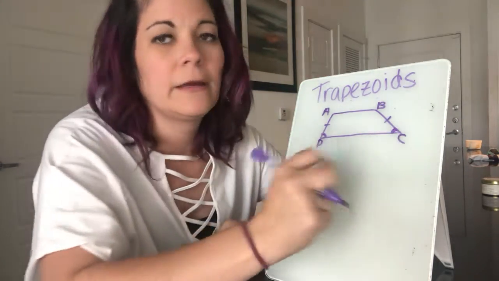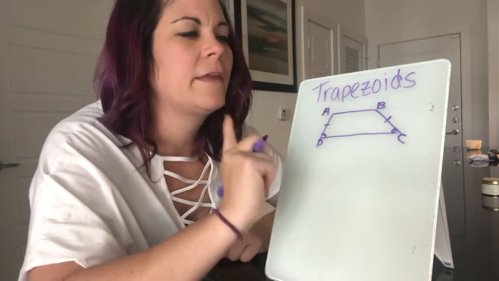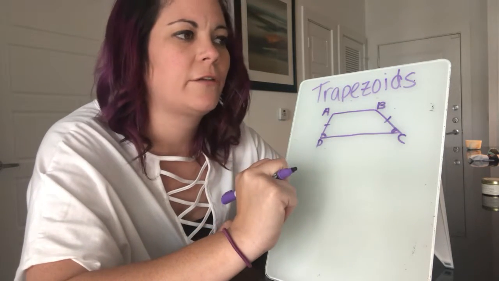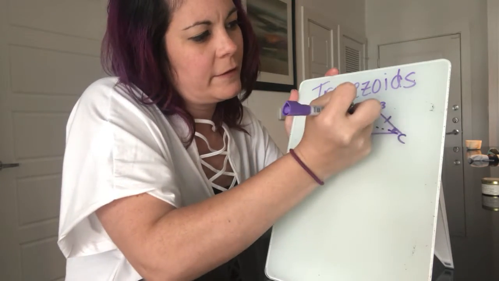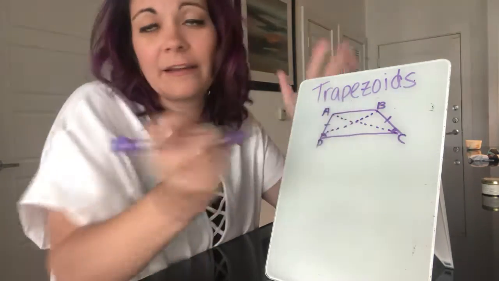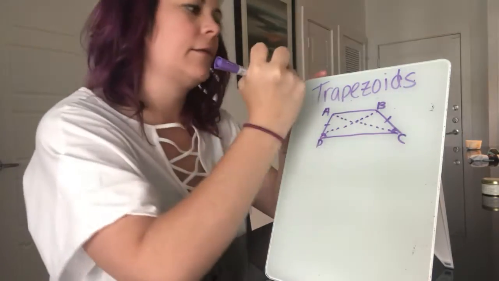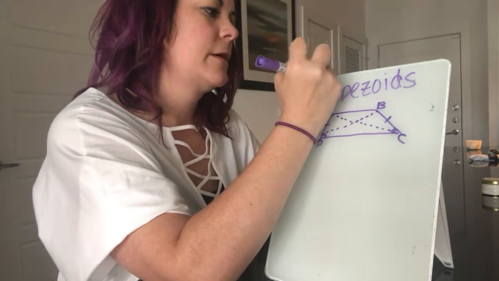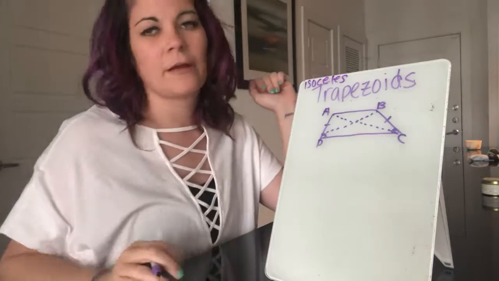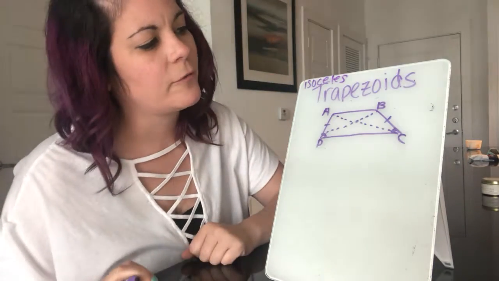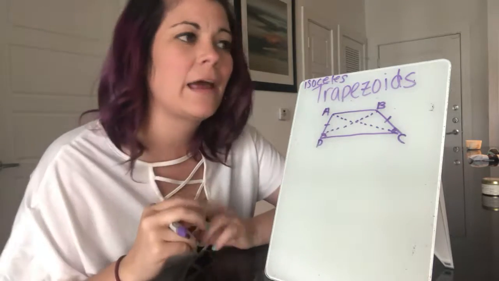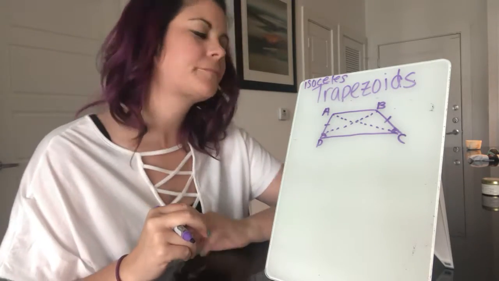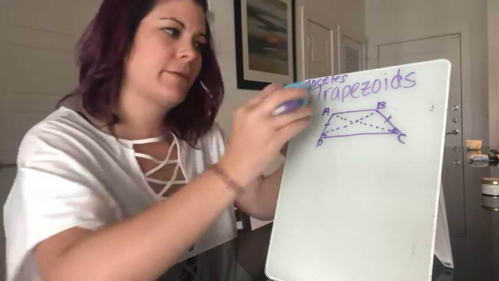So angle D and angle C are congruent. And then the second property is the diagonals of an isosceles trapezoid are congruent. Remember we're talking about isosceles trapezoid. The two properties are the base angles are congruent and the diagonals are also congruent. Okay, so that is about trapezoids.